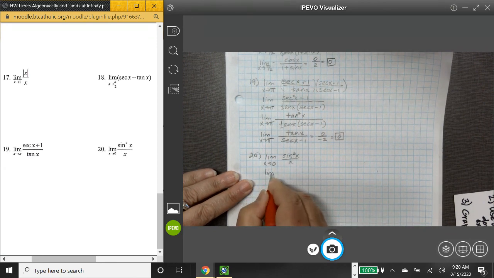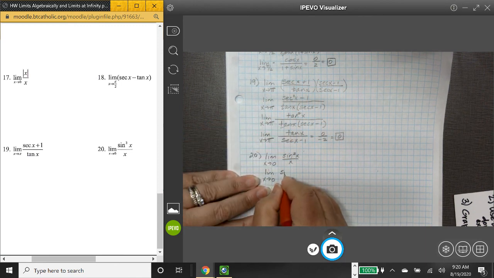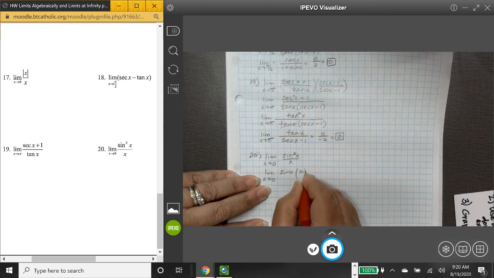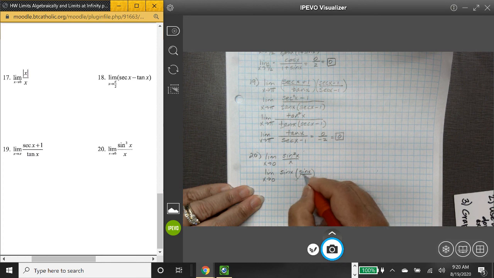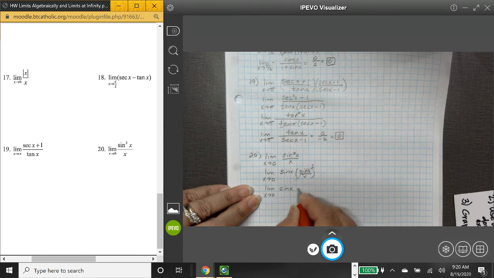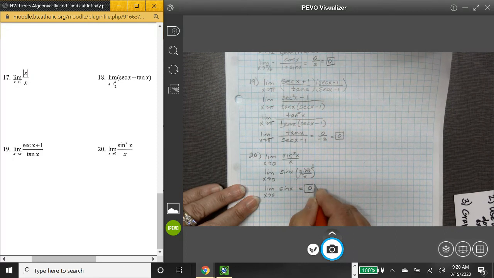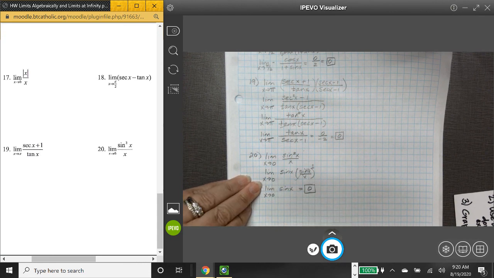Now I'm going to rewrite this as the limit as x approaches 0 of sine x times sine x over x, because I can bust it up. I know that this limit is 1. The limit as x approaches 0 of sine x is 0, because the sine of 0 is 0. So we try to look for sine x over x when we can, which is really nice because that limit as x approaches 0 is 1.